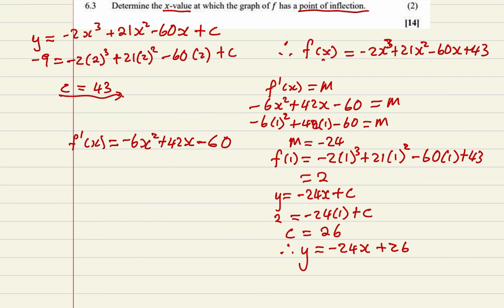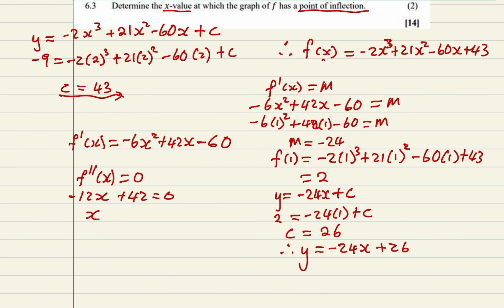The second derivative, which should equal 0, is negative 12x plus 42 equals 0.